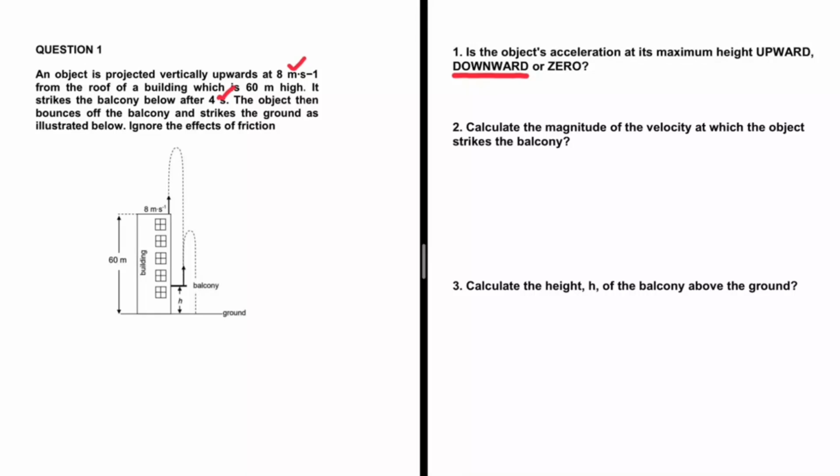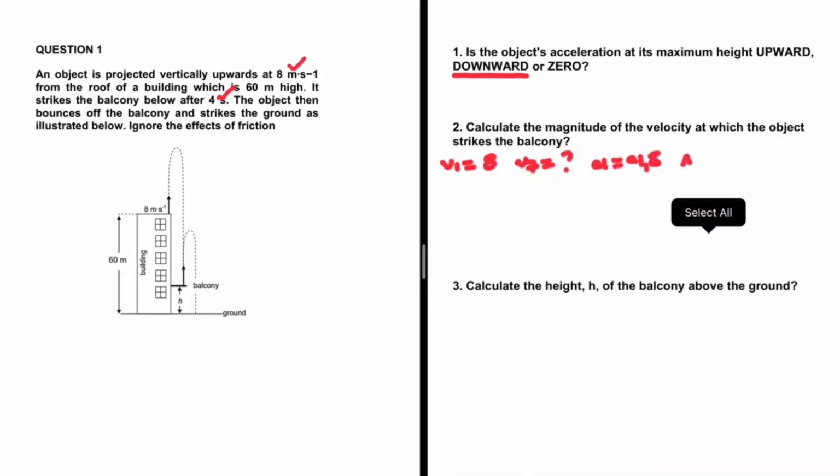We have the velocity at the top of our building when our object is projected, which we can use as our VI. So we have VI being equal to 8 meters per second. We have VF, which is what we're looking for. The acceleration is, and always is, 9.8.